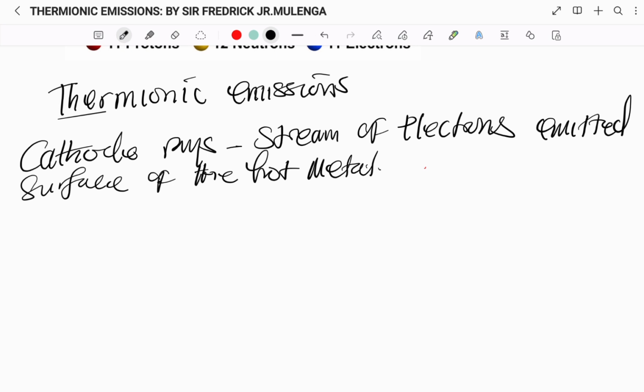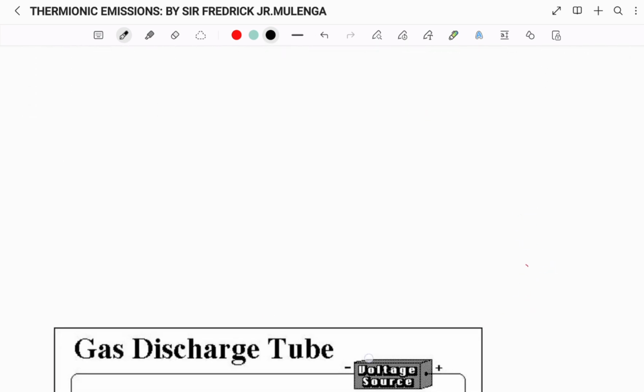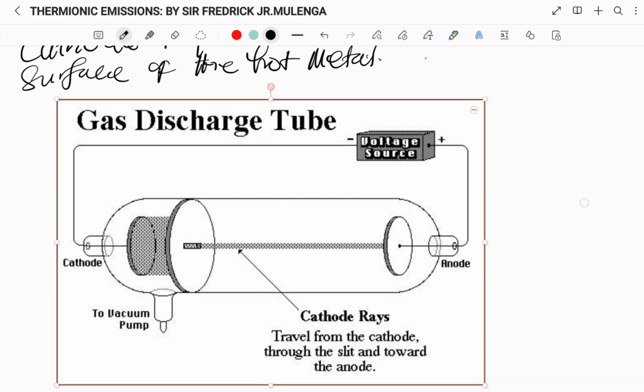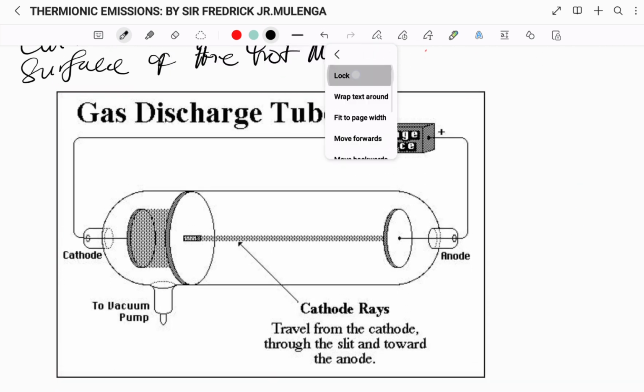Some scientists like J.J. Thomson and Crookes developed what we call a discharge tube or cathode ray tube. So let me put it back on the diagram. Our main intention here is to explain how we can produce cathode rays.